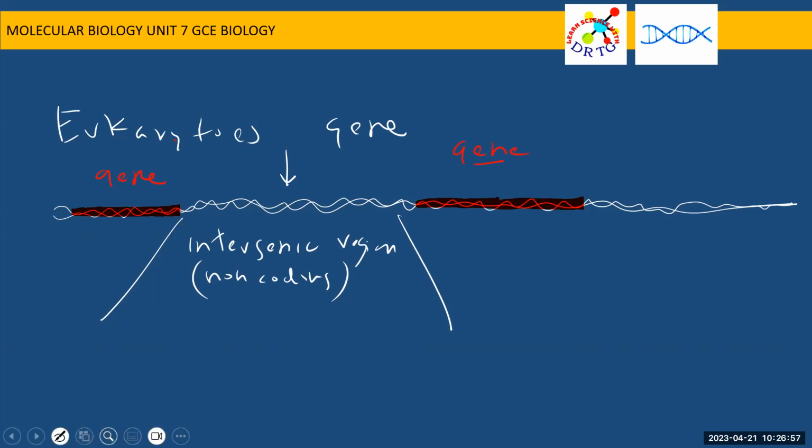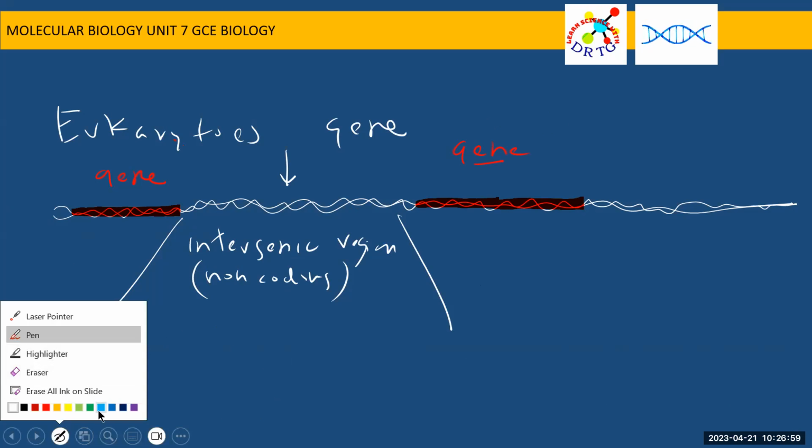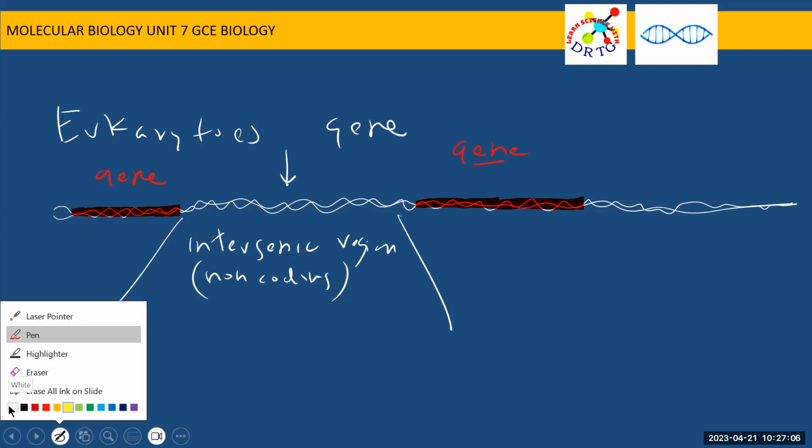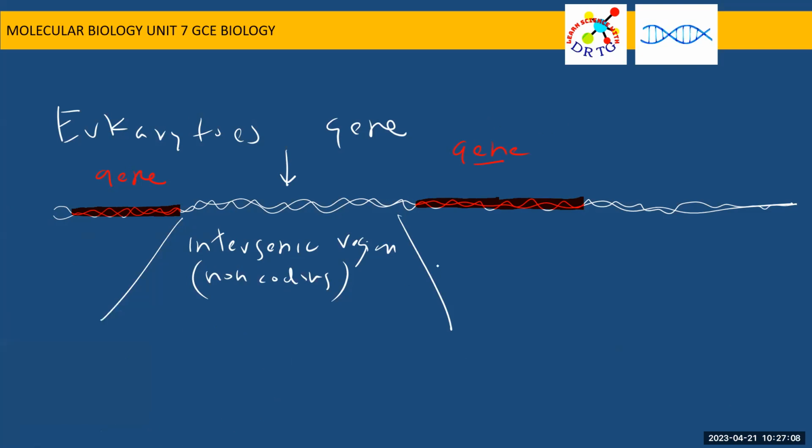Okay, coming back to the genes. Now, when you come back to the genes, again, we can find two regions. This is one region in white color. Okay, just a different color here, another region, and maybe here another region.